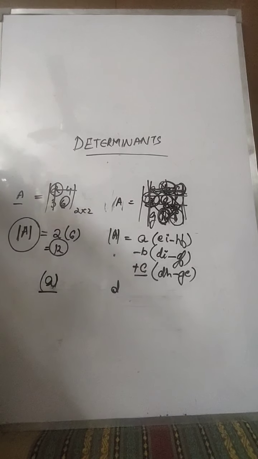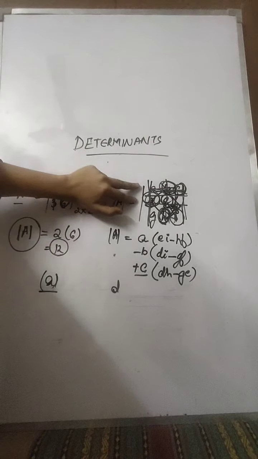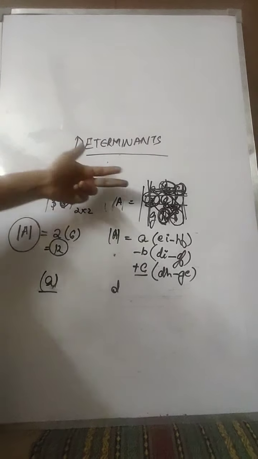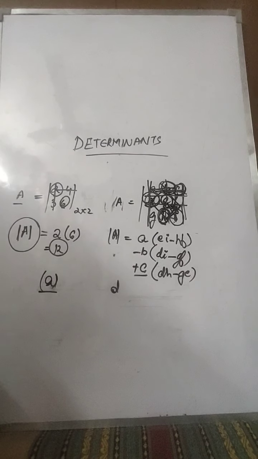Now if you interchange any two rows in the determinant, for example, if you find it easier to work with row 2 making it row 1, then the answer of the determinant will change its sign, not value.